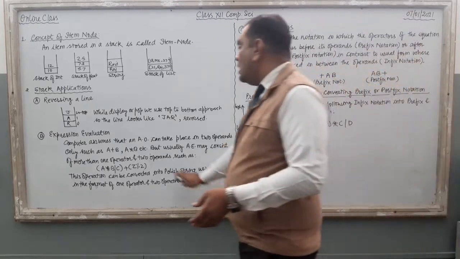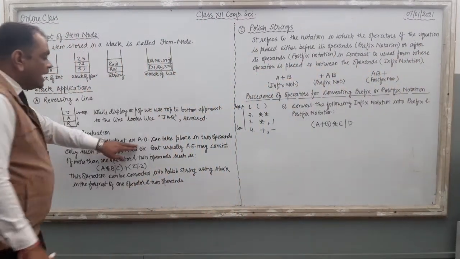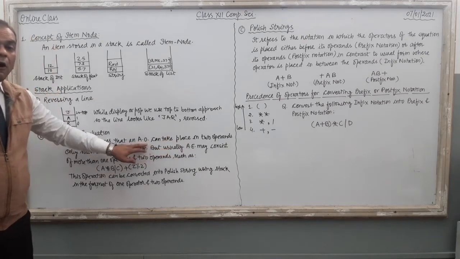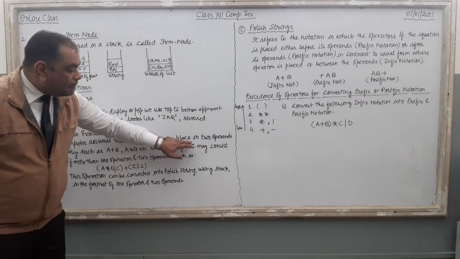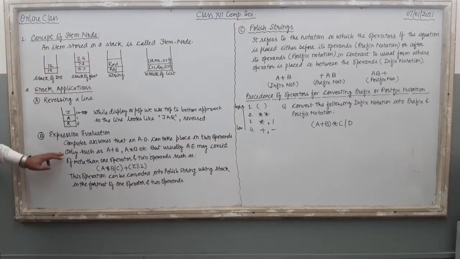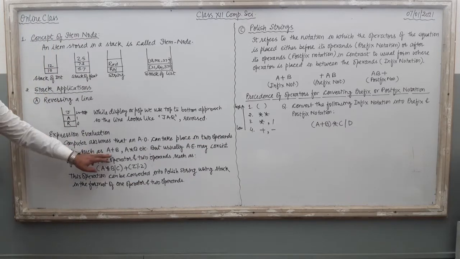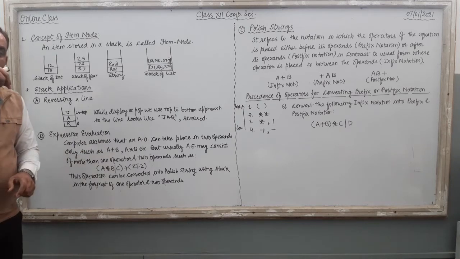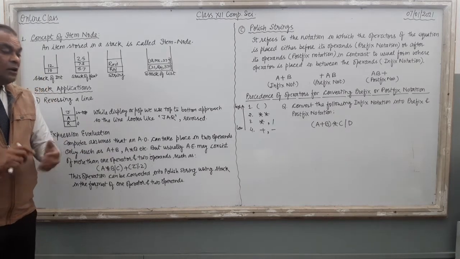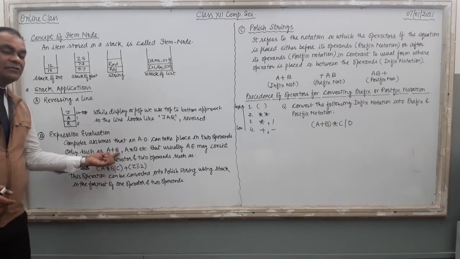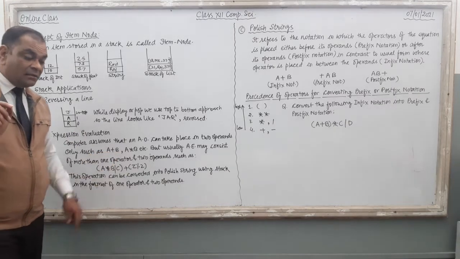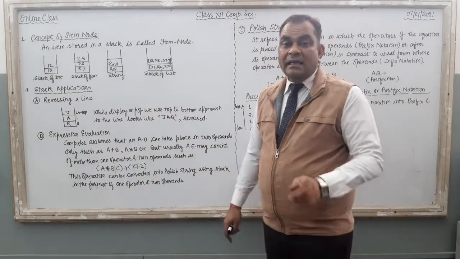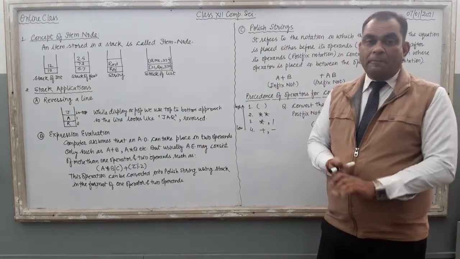The computer assumes that an arithmetical operation can take place on two operands, such as A plus B. Here plus is the operator, and two operands are there. So your computer understands this very easily: the arithmetical operation in your computer's mind is two operands with one operator, right?